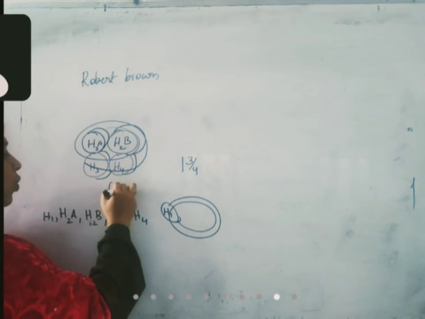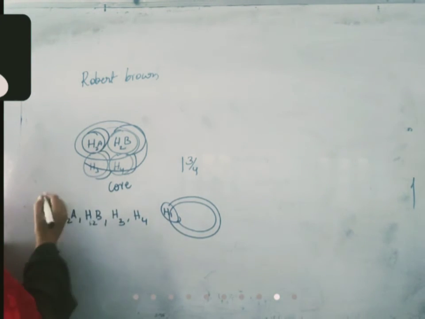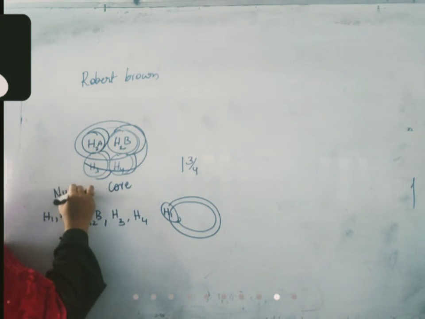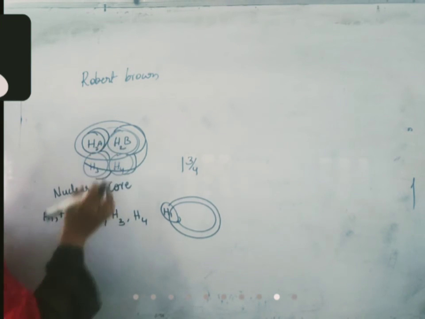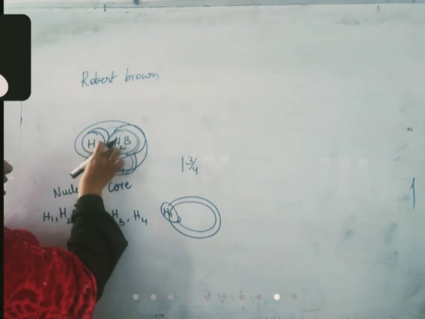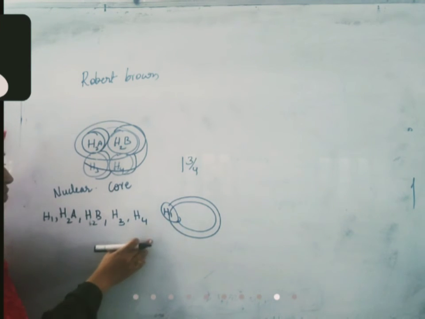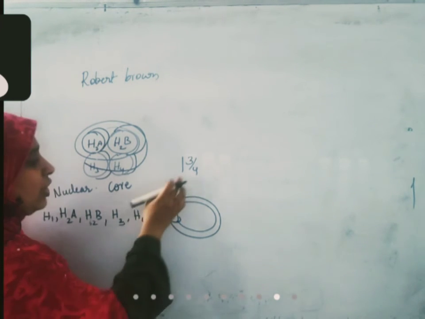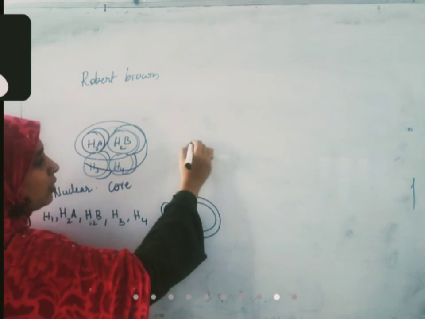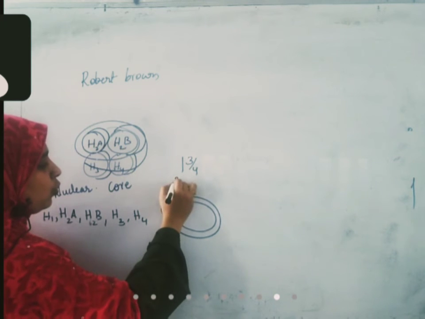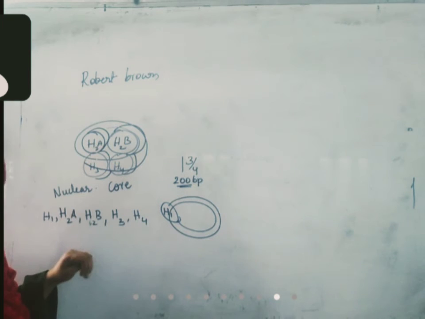This forms the chromatin core, or nuclear core. This core has 9 histone proteins. The major 8 histone proteins are present in the center, and one is the binding histone, which is H1. The DNA turns of 1 3/4 equal 200 base pairs. The length of DNA is measured in base pairs.